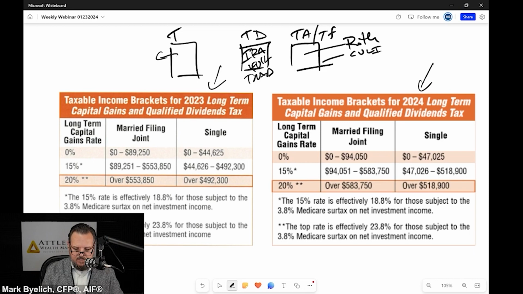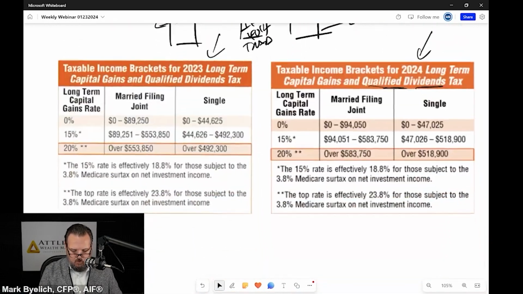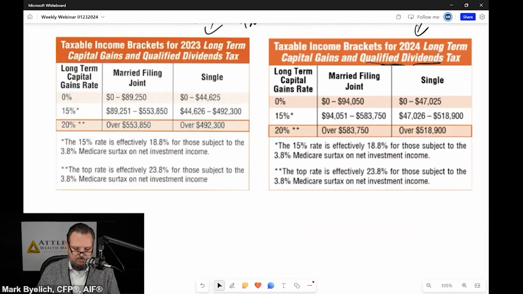And then you have dividends. They're either qualified dividends or ordinary dividends. Ordinary dividends and short-term gains get taxed at the rates up here that we talked about. But if they're qualified dividends or long-term capital gains, they're taxed at these rates down here. And these rates are favorable.